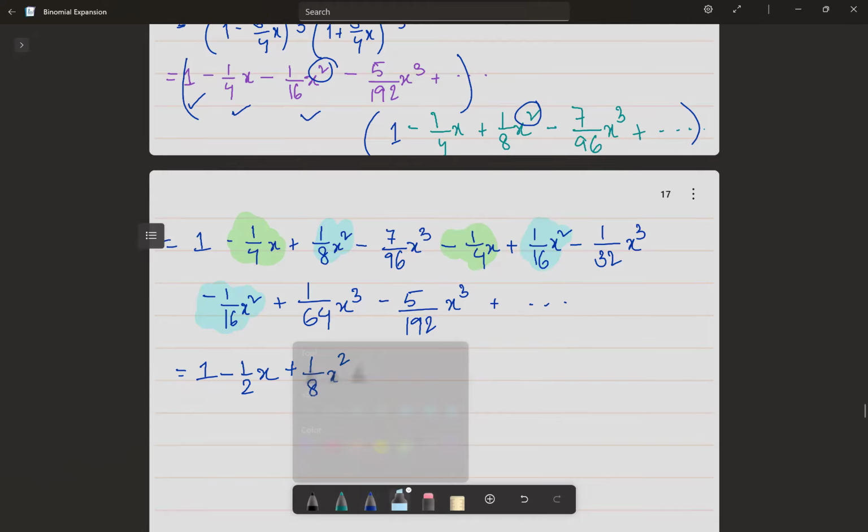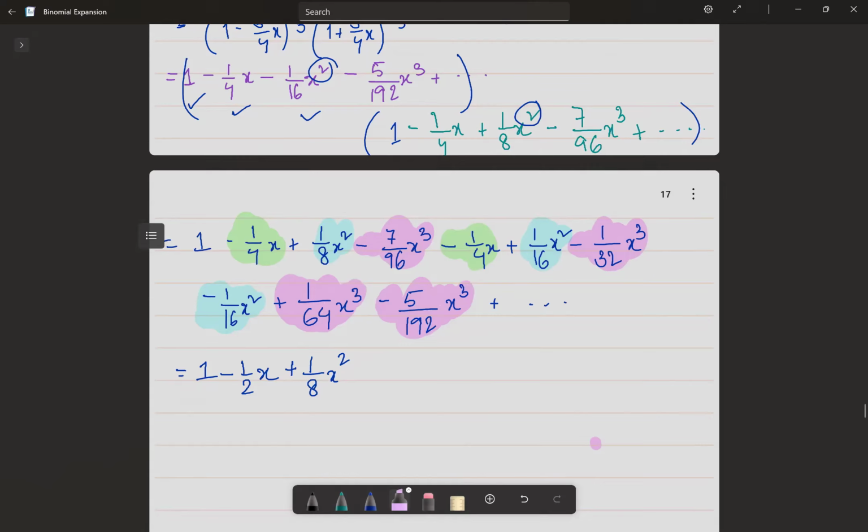And then we have minus 7 by 96 x cube, minus 1 by 32 x cube plus 1 by 64 x cube and minus 5 by 192 x cube. So we are going to add all of these terms.